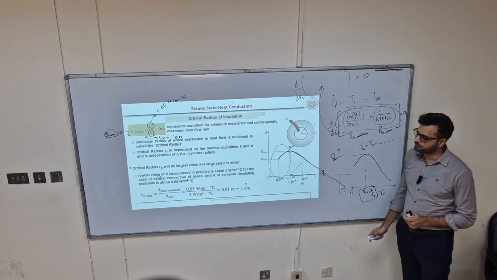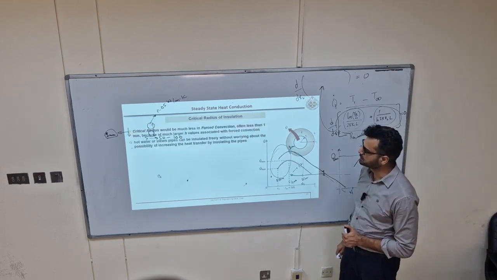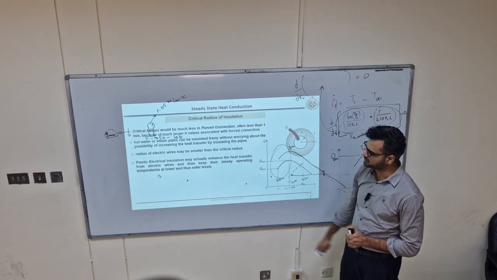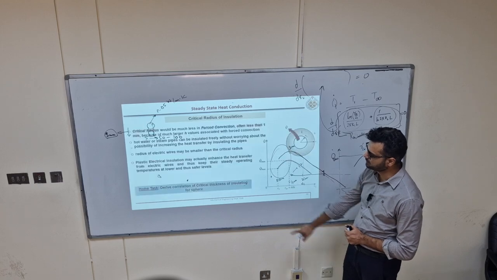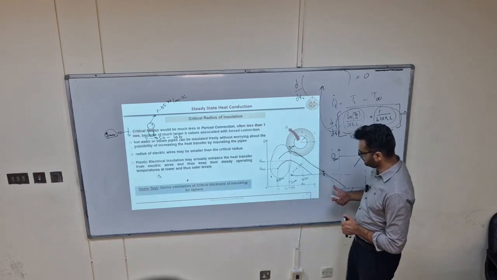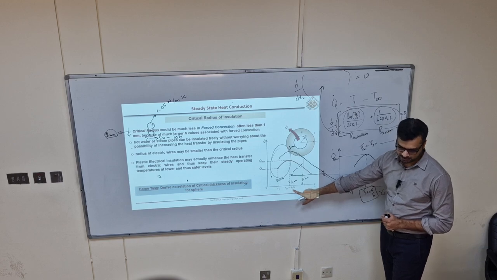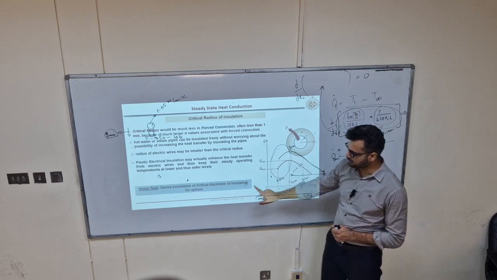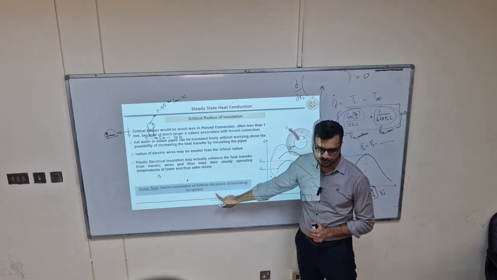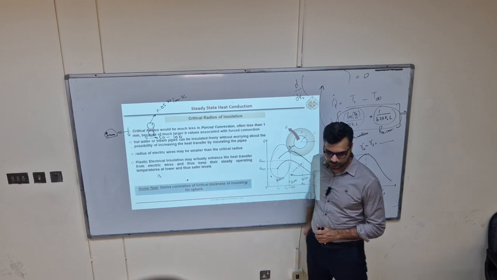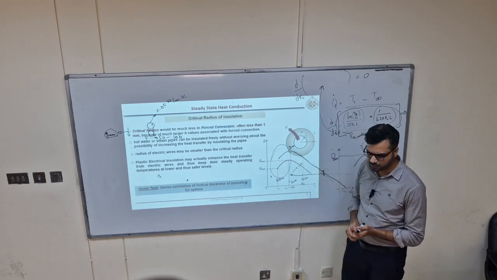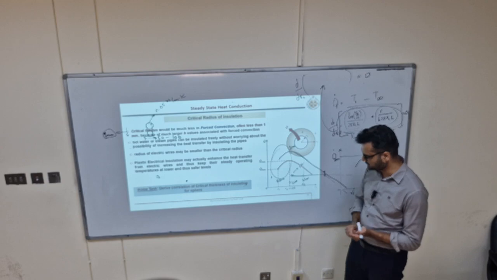Hopefully this is clear. We have discussed all these points, just go through them by yourself. We derived the correlation of critical radius of insulation for a cylinder. Similarly, you can also derive it for a sphere. For a sphere, it comes out to be K over 2H, or 2K by H, I do not remember.